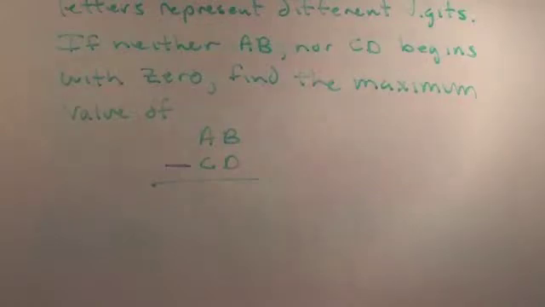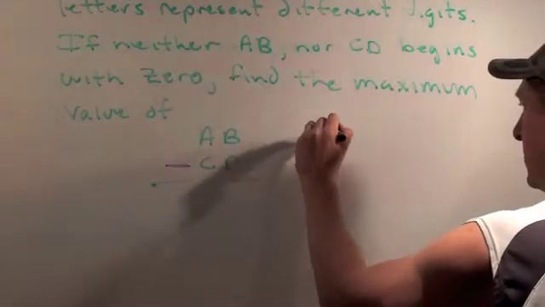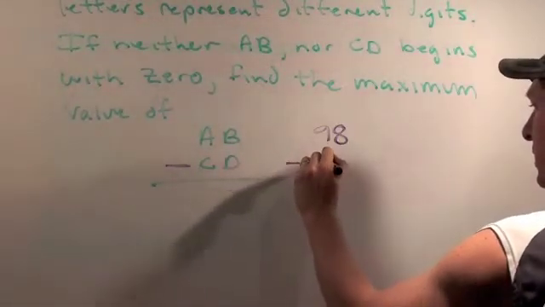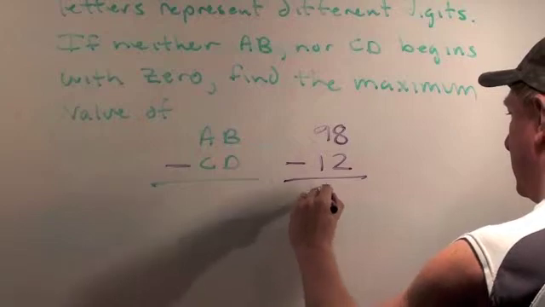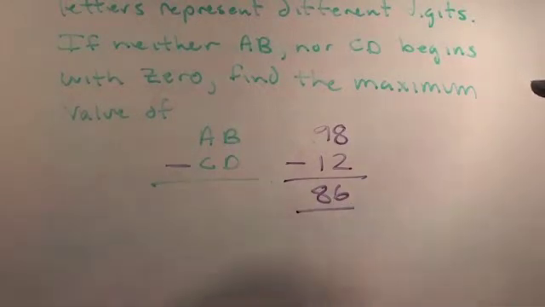Well, now we want to make AB really big and CD really small. I think AB is 98 and CD is 12. 98 minus 12 is 86.